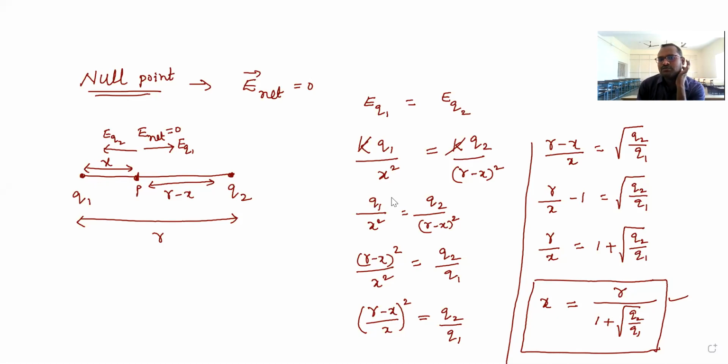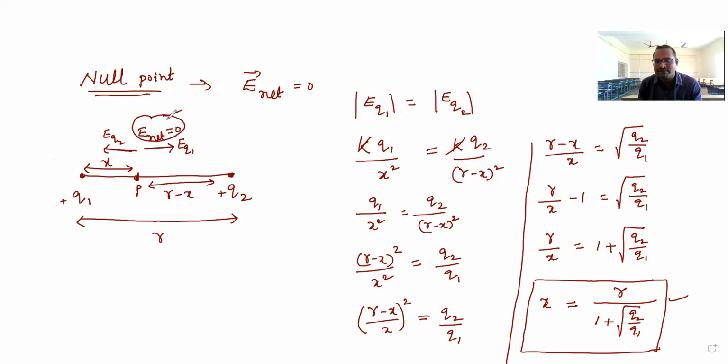Nishal is asking me a question: sir, both the fields are in opposite directions, so we should include a negative sign. No, sir. I think you are not understanding the concept I am explaining. Both are positive charges that I have taken. This is in this direction and this is in this direction. The directions are opposite. Now, if the magnitudes of EQ2 and EQ1 are equal, then the net electric field will be 0.